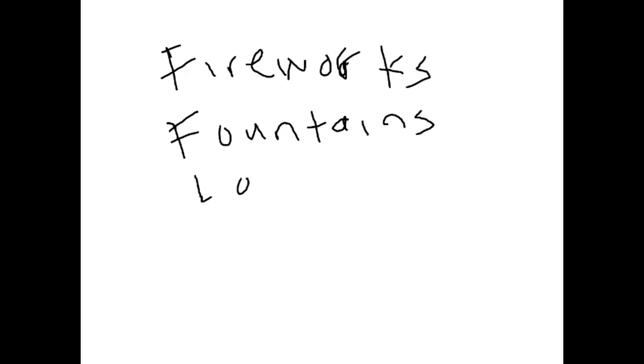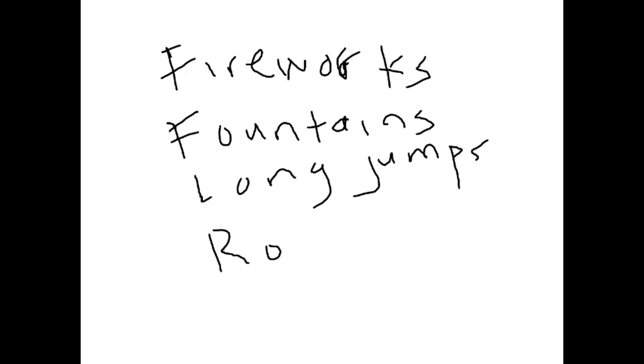Okay, good. Roller coaster. Yes, roller coaster too. That's nice. So now you see the connections.